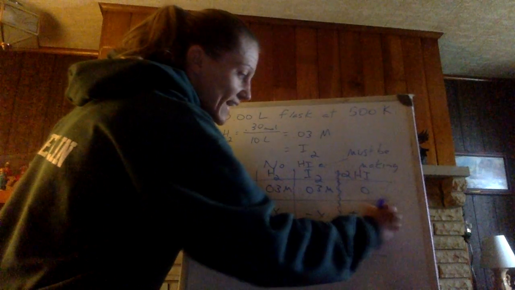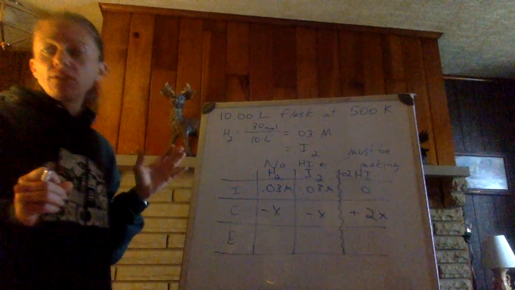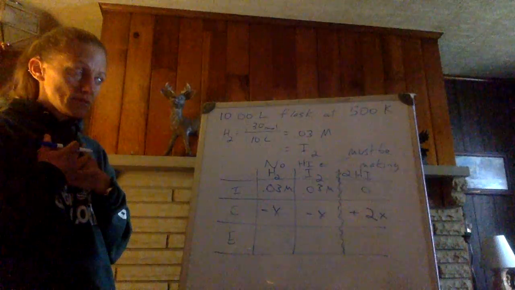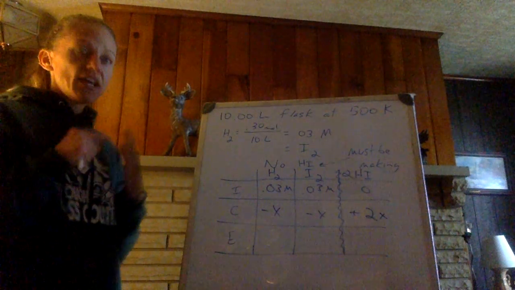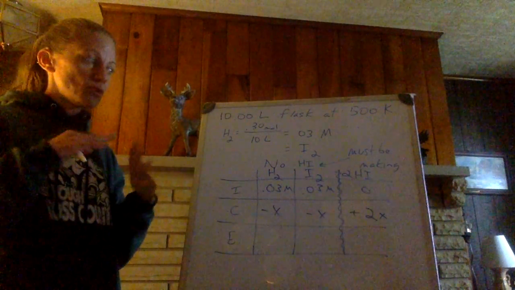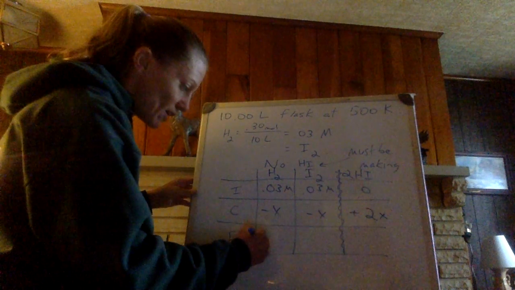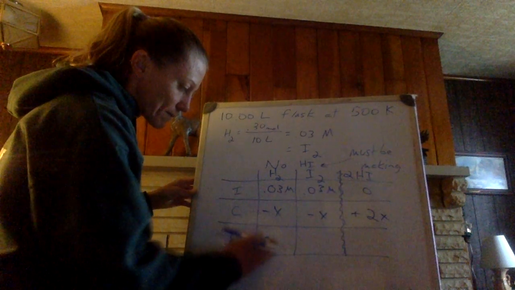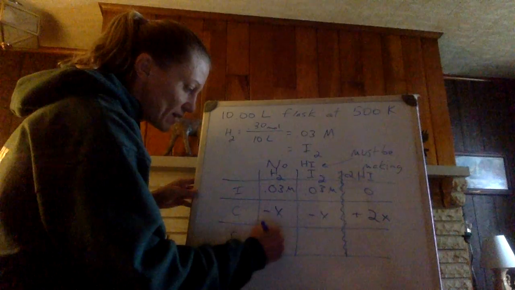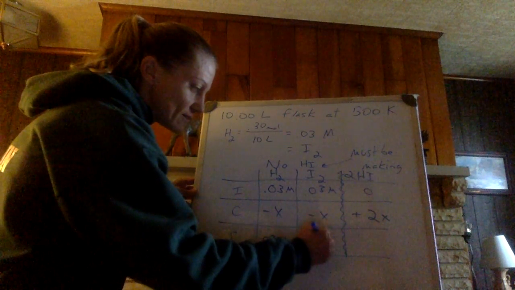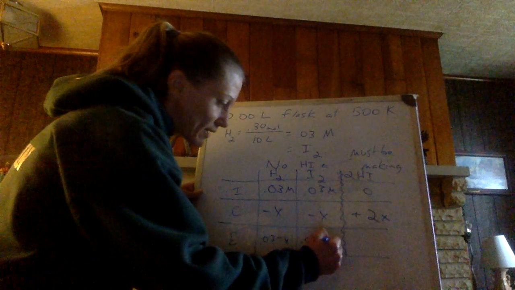And not just gaining it. From the reaction, I am gaining 2 of it. H2 plus I2 yields 2 HI. So my changes are going to be 0.03 minus x twice. I ran out of room for my molarity.